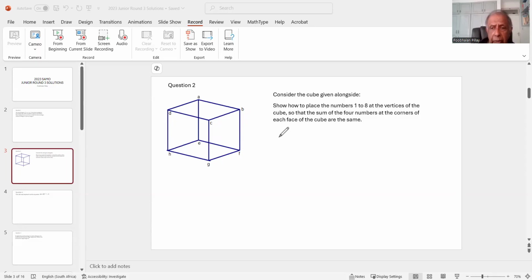We do know that if you add up all the 8 numbers, we are giving them names and placing them at selected vertices, then you're going to get all the numbers from 1 to 8 added. The answer is 36.